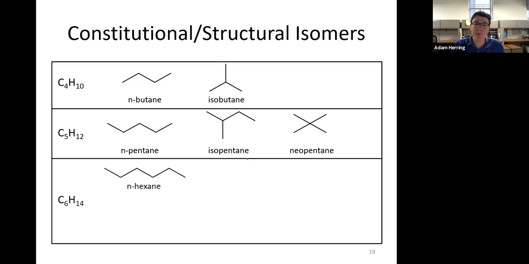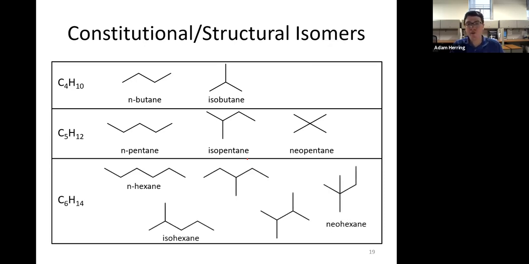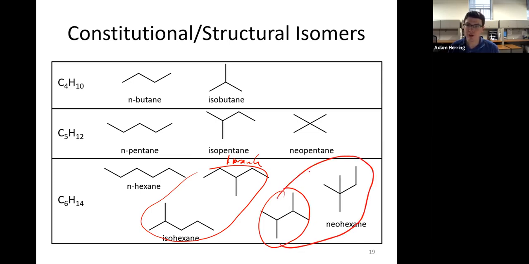And then hexane has actually 5 total structural isomers, depending on the number of branching. Notice that these both have one branch. This has 2 branches, and rather these have 2 branches. And then within the one branch, the location of the branch is different.